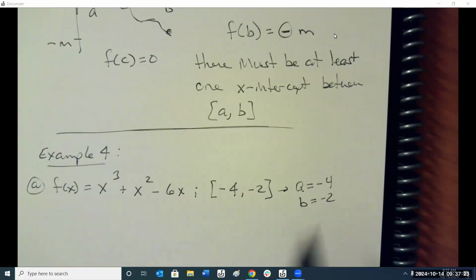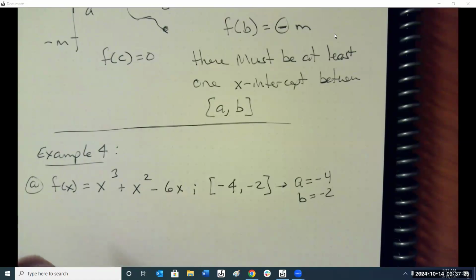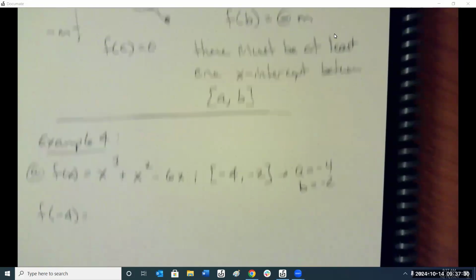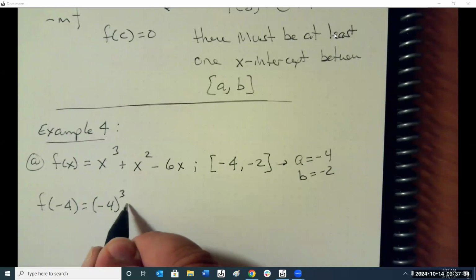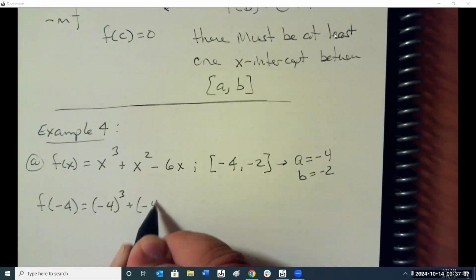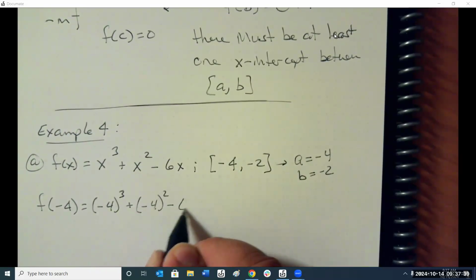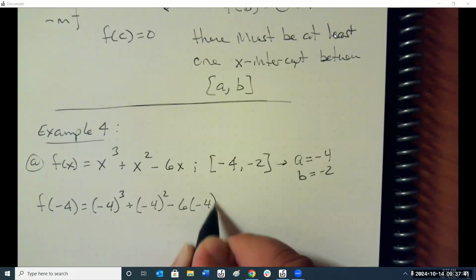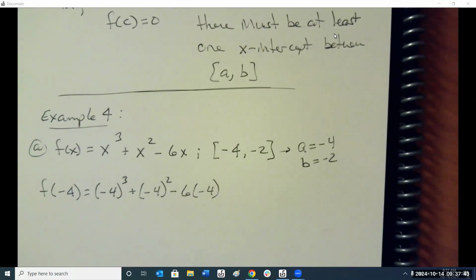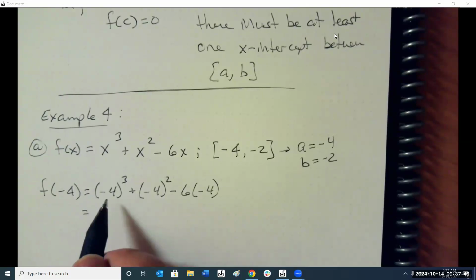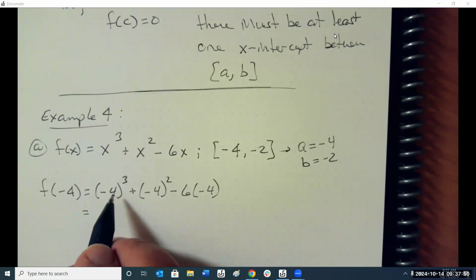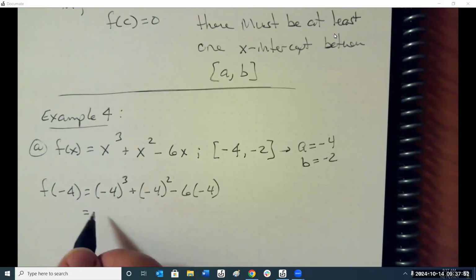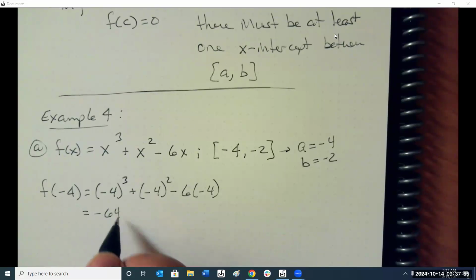So we plug these into our function. F of -4 is -4 cubed plus -4 squared minus 6 times negative 4. Negative 4 times negative 4 is positive 16. Positive 16 times negative 4 is negative 64.